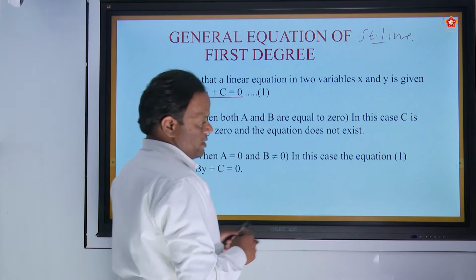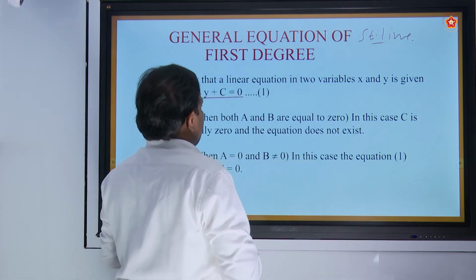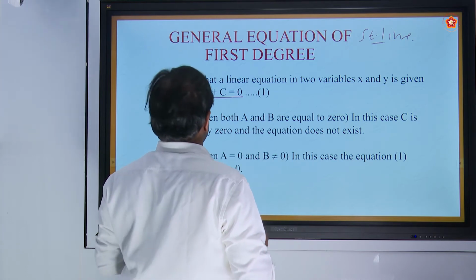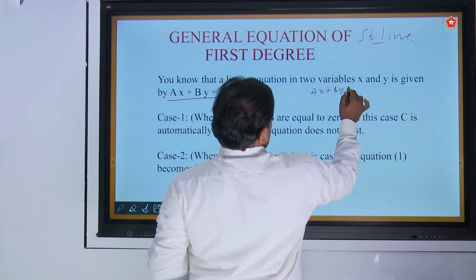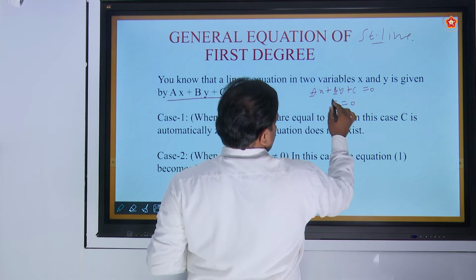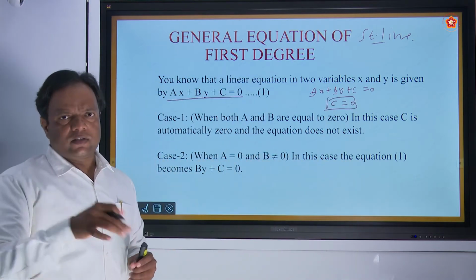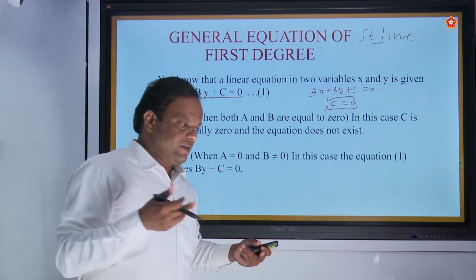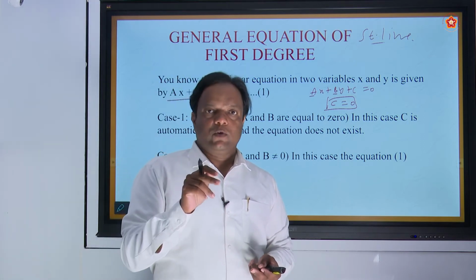Case number 1: what happens when both a and b are equal to 0? The equation is ax plus by plus c equal to 0. Suppose a and b are both 0, then c equal to 0. If c equal to 0, there is no line equation, just some constant equal to 0. If the line equation is there, either x or y or both must exist.